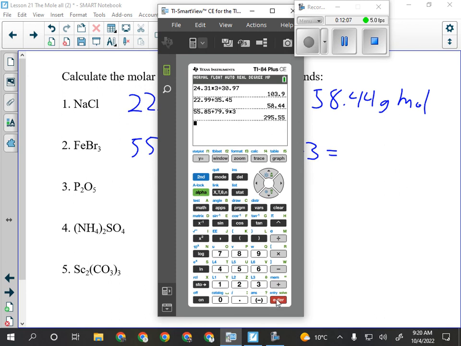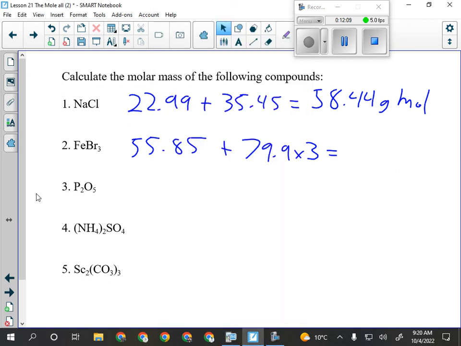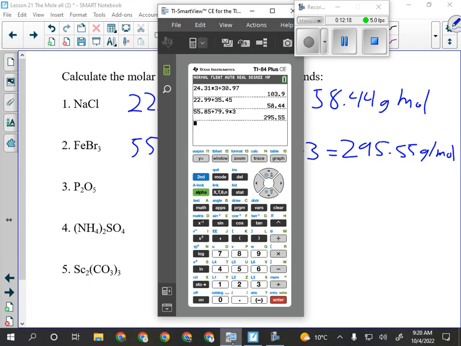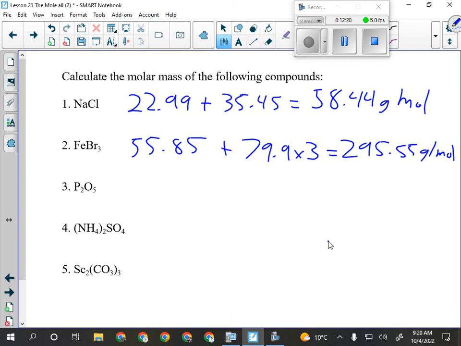So we're looking at 295.55 grams per mole. Questions on the second one? All right, I'll give you some time to get further ahead of me then.